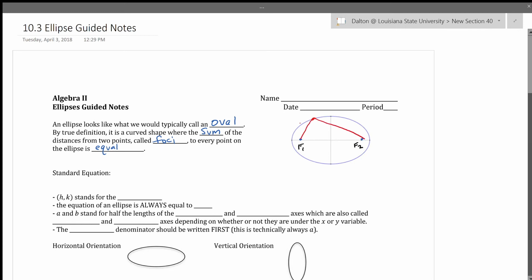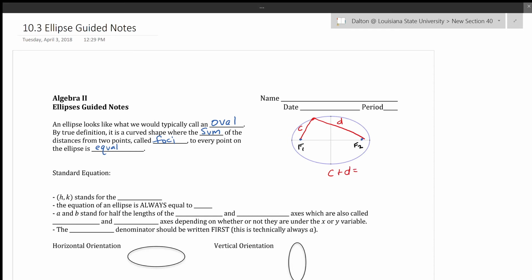So let's call these distances C and D. By definition, what this is claiming is that if we added those two segments together, C plus D, then they would equal any other sum of distances from a point on the ellipse to the foci.